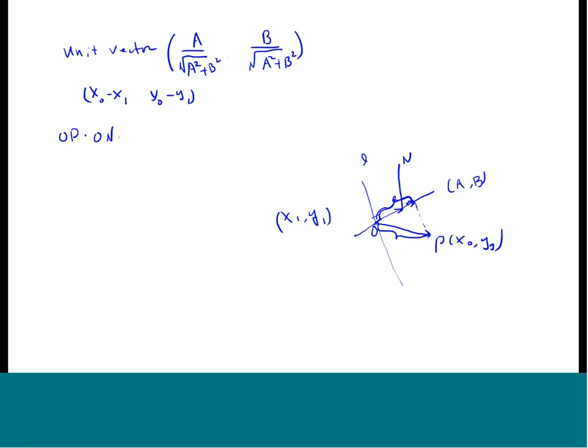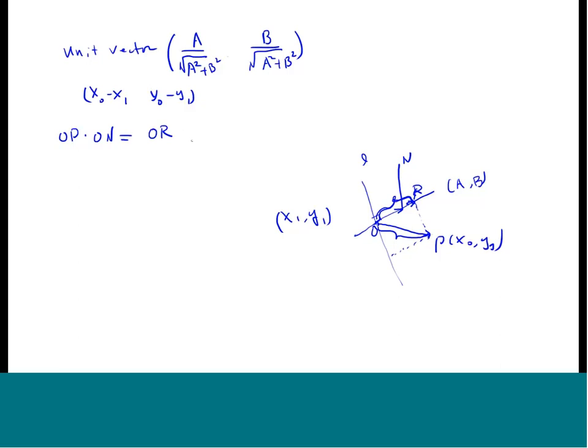We remember OP dot ON essentially equals the distance. Let's call it R. OR is the distance from P to the line L, right?